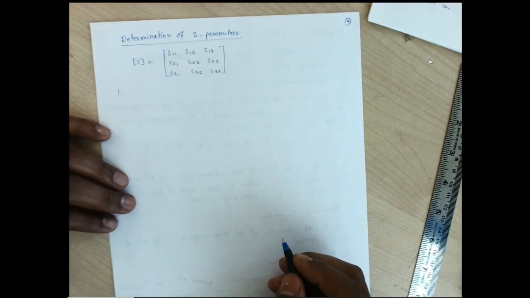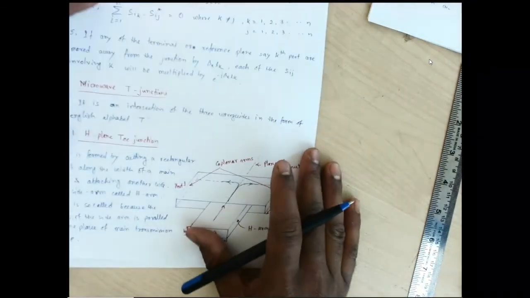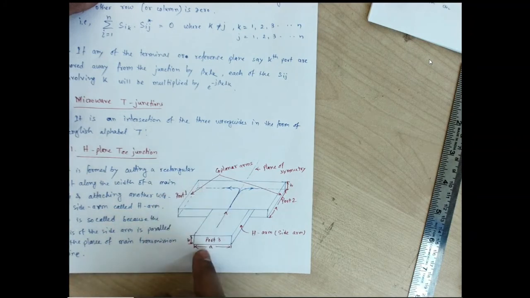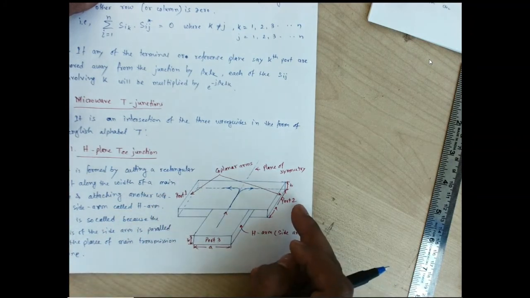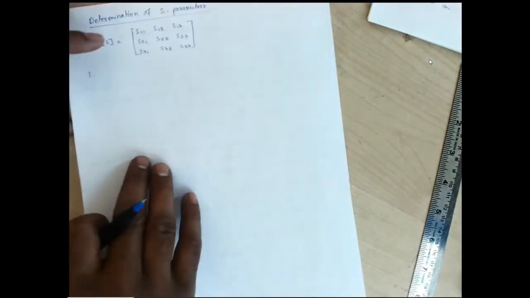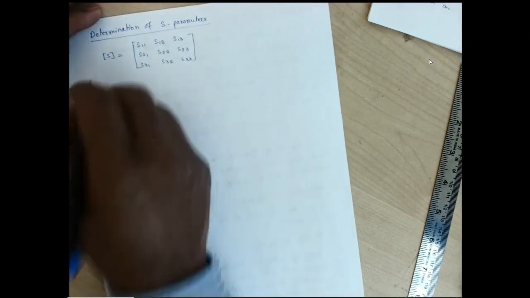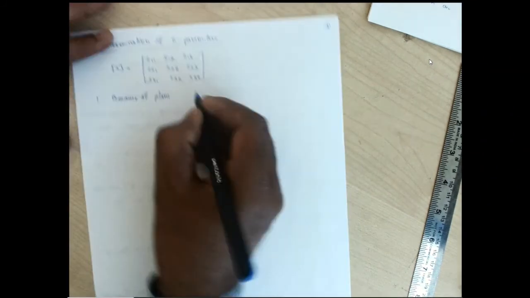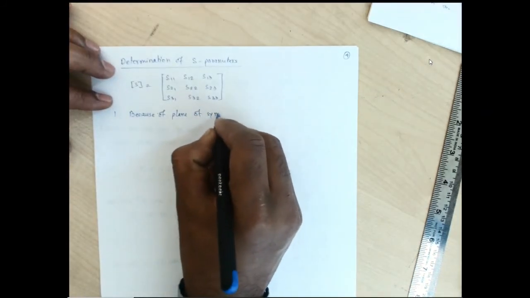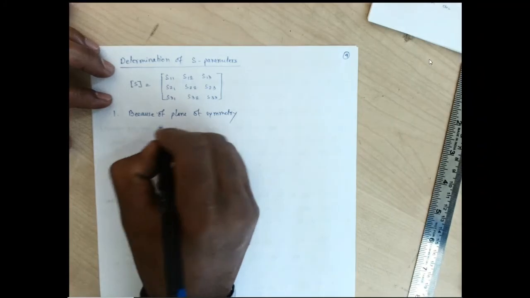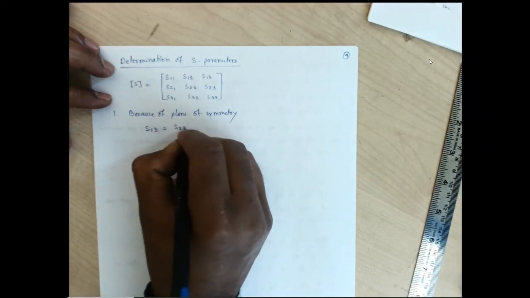First thing, because of the plane of symmetry, whatever we see from port 1 going to port 3, the same thing happens if the signal is given from port 2 and goes to port 3. So we can say, because of the plane of symmetry, S13 is equal to S23.